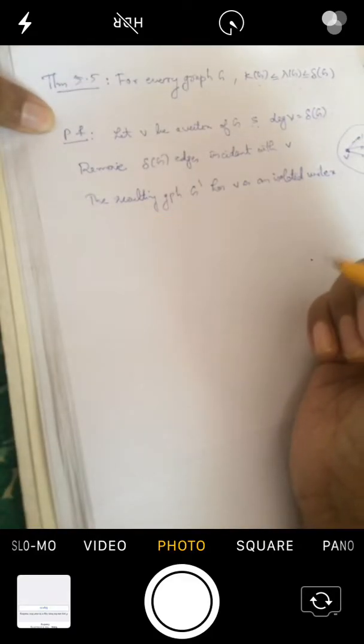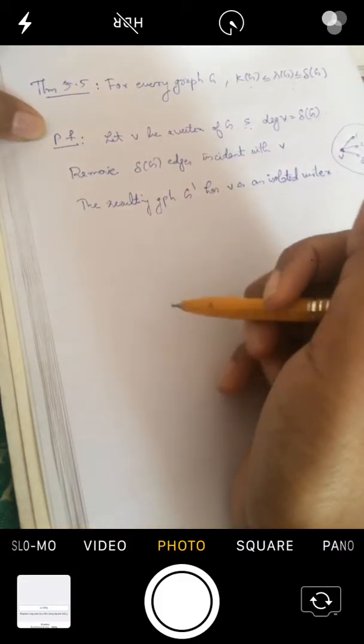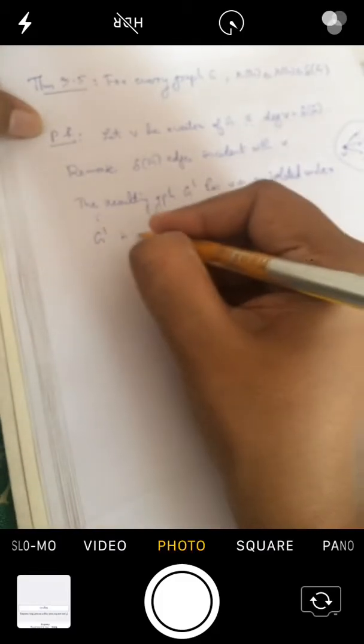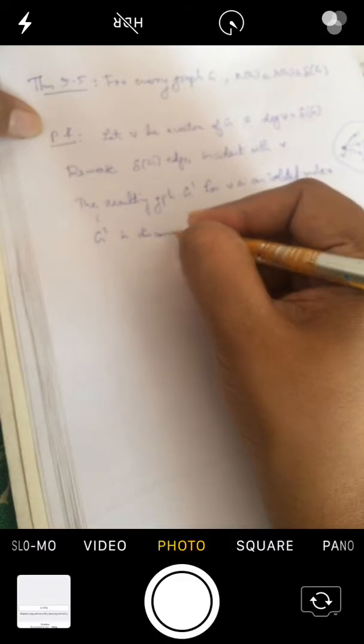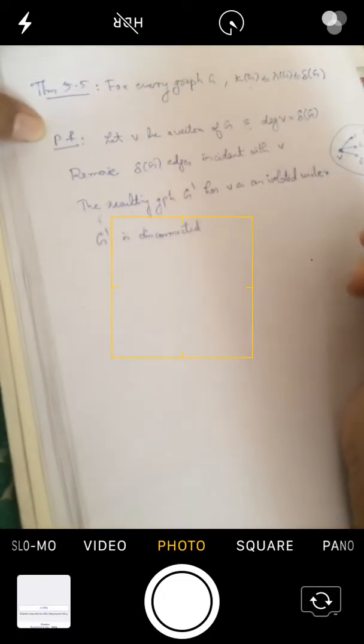Now, therefore, since G dash has V as an isolated vertex, G dash is disconnected, or G dash can be a trivial graph. Trivial graph means G dash can be a single vertex.